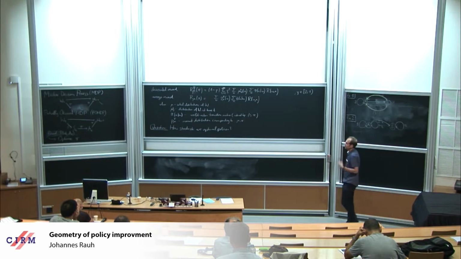The situation is different for Markov decision processes. For a Markov decision process, it is known that you can always choose a deterministic optimal policy.